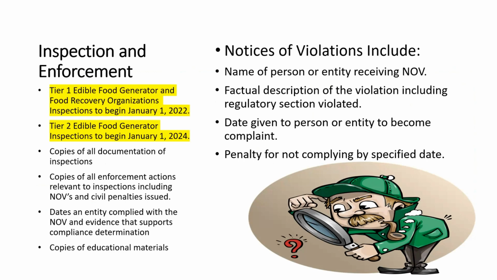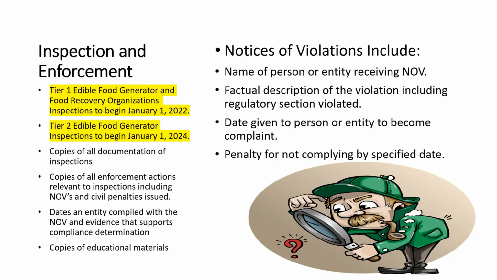Make sure you have some information on the inspections, any enforcement actions taken, including issuing notices of violation, any civil penalties issued, dates that you expect an entity to become compliant, and all educational materials that you distributed to this food generator or food recovery organization.